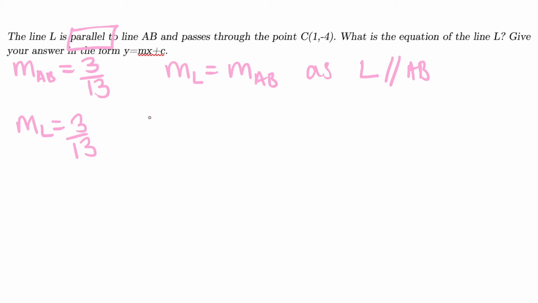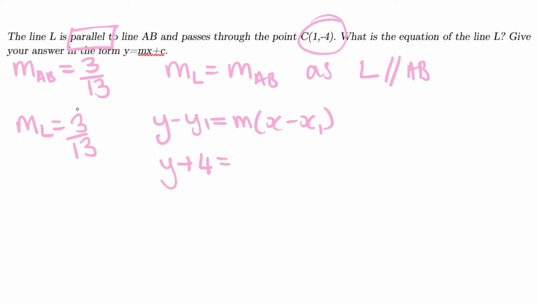Now we just need to plug in some values and find the actual equation. If you remember from last video, y minus y1 equals m(x minus x1) is a general equation of the line, where x1 and y1 are coordinates of a point on the line, which coincidentally we do have. So let's plug those values in. y minus minus 4, so that's going to be plus 4, equals m, our value for m is 3 over 13, bracket x minus x1, which is 1.